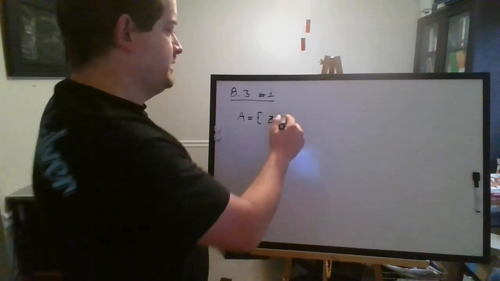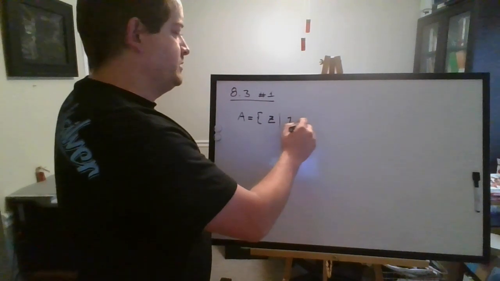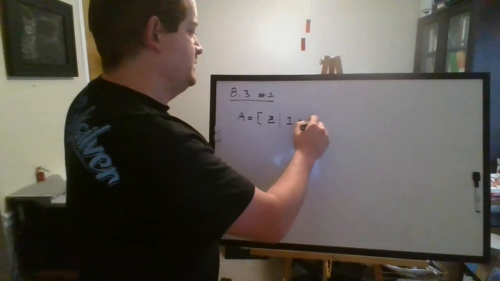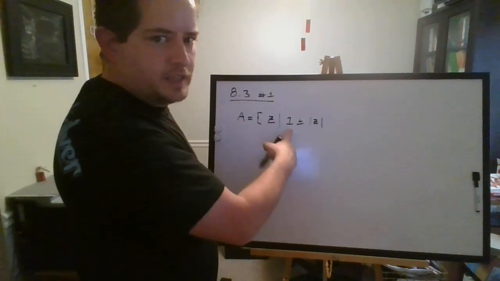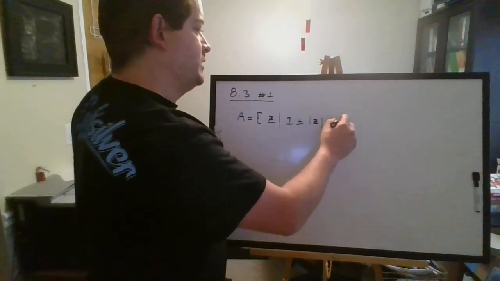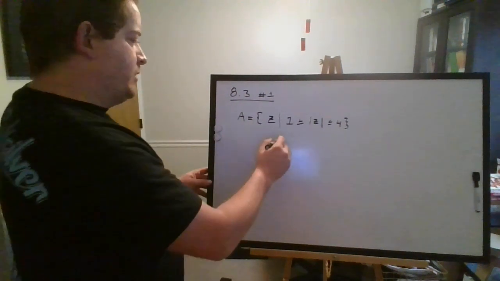The condition is 1 is less than or equal to the magnitude of the z's, or the distance of the z's is greater than 1, but at the same time, the distance also has to be less than or equal to 4. Right? And so we think about what's happening here.